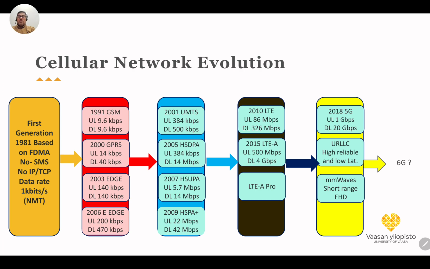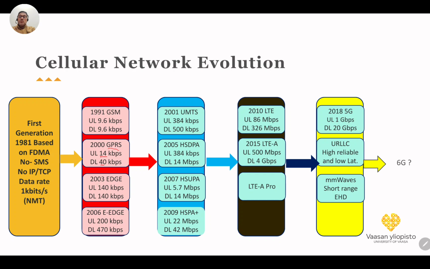But with the introduction of GPRS in 2000, the downlink means from the base station to the mobile phone, and the uplink from the mobile phone to the base station. In the uplink, it was up to 14 kilobit per second, and in the downlink up to 40 kilobit per second.